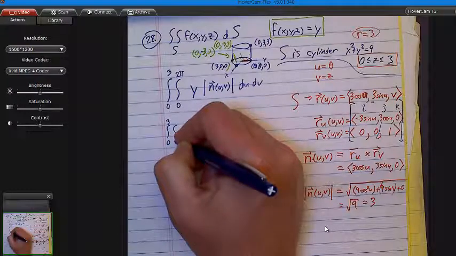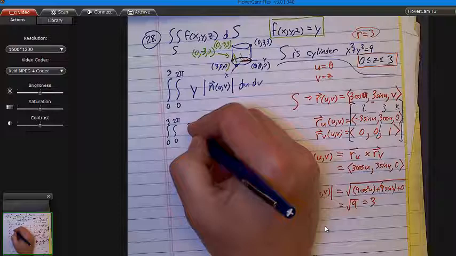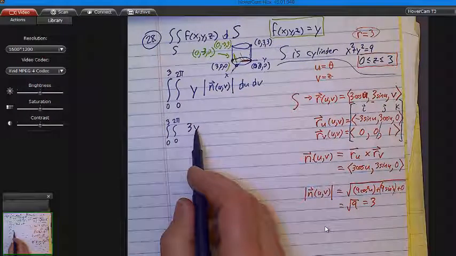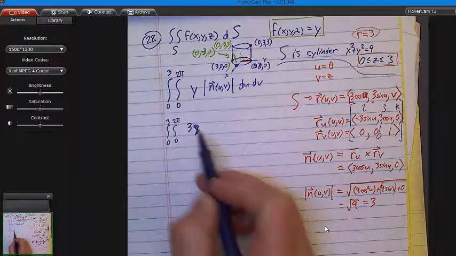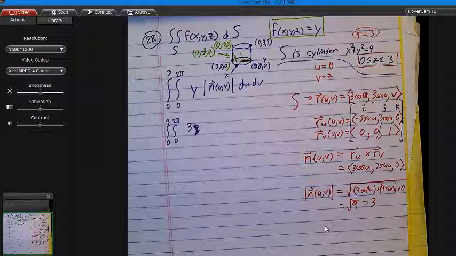All of a sudden, we turned this from a chapter 16 problem into a chapter 14 problem. Oh, wait, I can't write y. That's the issue. I have to change to u's and v's. So how do we express the y coordinate in terms of u's and v's?